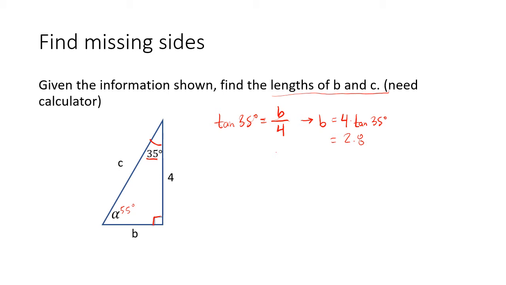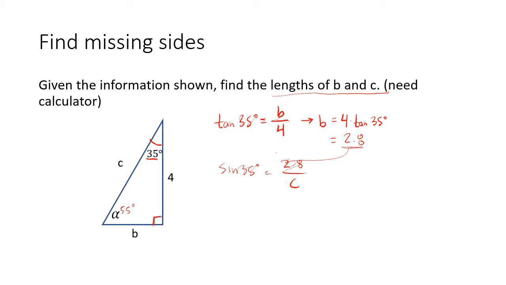And what I would encourage you to always try to do when you have a problem like this, because now that we have b, we could just go to the sine of 35 degrees. Couldn't we just say the sine of 35 degrees is equal to this new value that we just got, 2.8, divided by the hypotenuse c, and then just solve that for c? We absolutely could do that. The problem with doing this is that 2.8, we already rounded it.